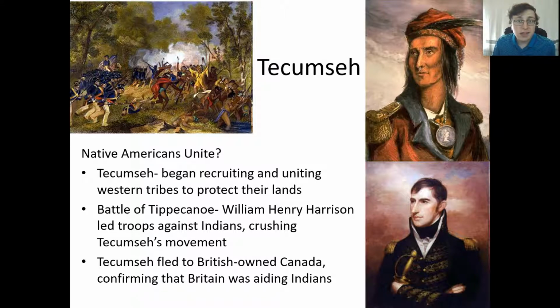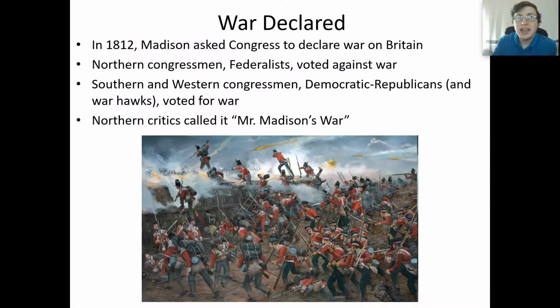As all of this plays out, all of the tension in America and outside of America is going to build up, and frustrations with the British are going to spill over. In 1812, James Madison is eventually going to ask Congress to declare war on Britain. Many of the Federalists in the North would vote against the war.